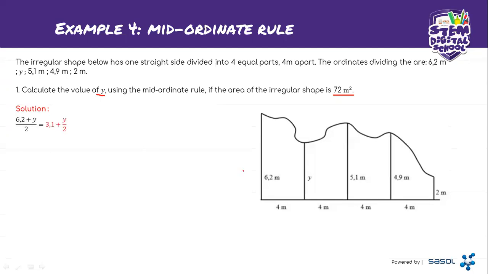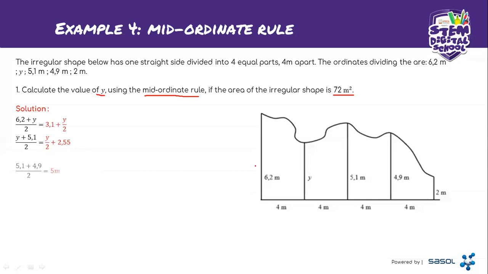Now first we are going to determine the mid ordinates. We say 6,2 plus y divided by 2, then it's going to give us 3,1 plus y over 2. All right. And the second one, you say y plus 5,1 divided by 2, then it's going to give us y over 2 plus 2,55.